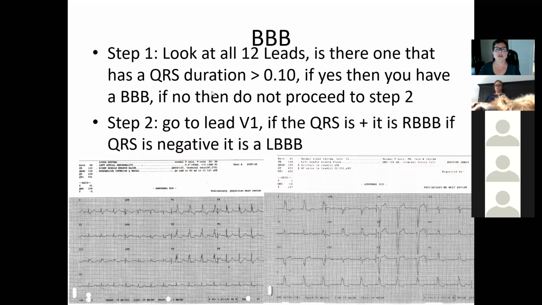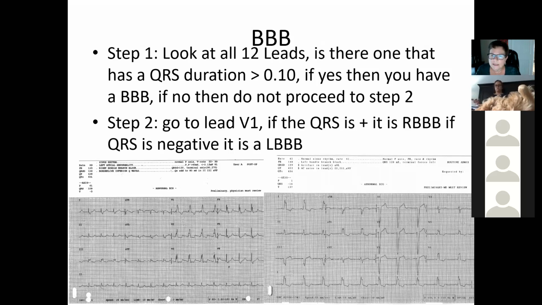And then bundle branch blocks. People get really stressed out about bundle branch blocks, and they're really quite simple. First of all, step one is you look at all 12 of your leads. Because if I was just looking at lead 2 in this example, my QRS is not fat. But when I do a 12 lead, I look at all 12 leads and I say, hey, I have a wide QRS in V1, V2, V3, over here in lead 3.